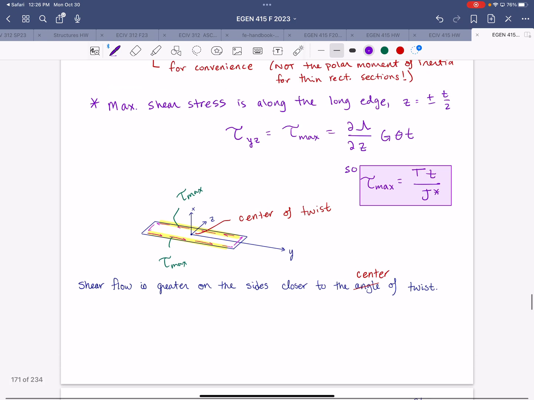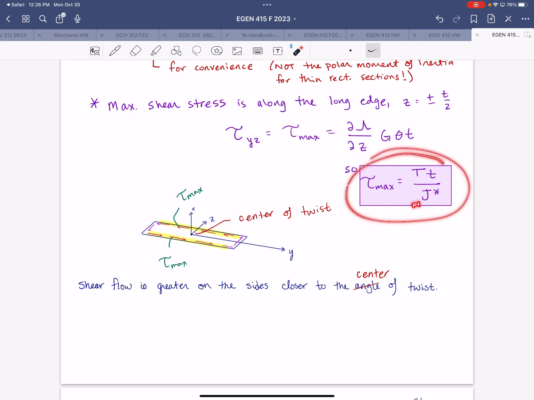And this calc is an approximation for any non-circular cross-section. So a couple of things to keep in mind. The accuracy of this calculation will increase as the ratio of length to thickness of the segment increases.